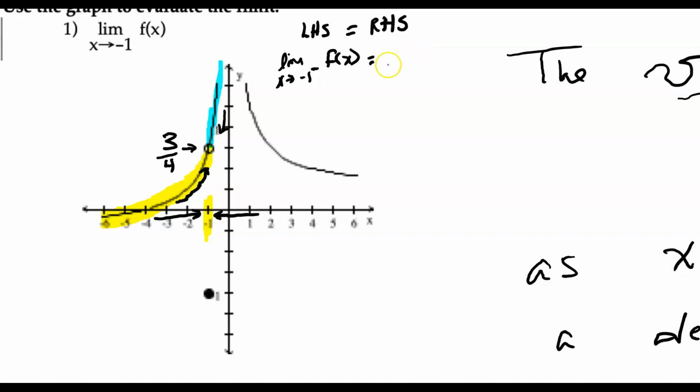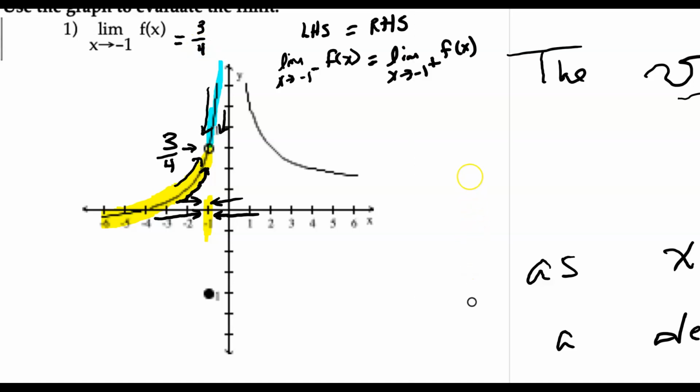It is necessary for this to equal the limit as x approaches -1 from the right of the function. That's the requirement. In other words, it has to approach 3/4 from the left here, and it has to approach 3/4 from the right here as you're coming in towards -1. In this case, that is the case, and the limit of this function is 3/4.